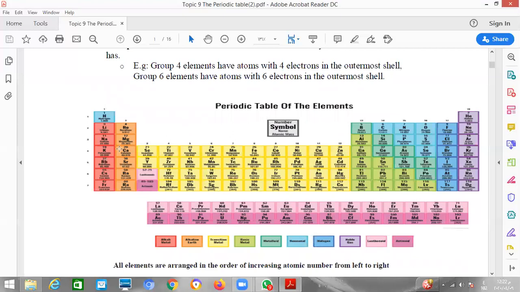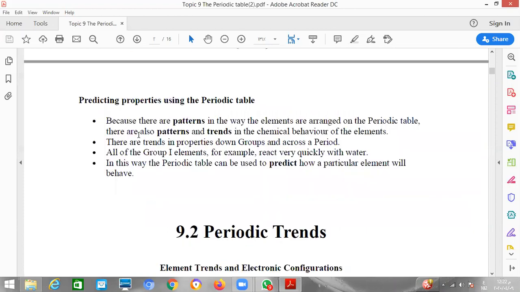As you move from left to right, the metallic character decreases. I start from metals, then metalloids, and finally non-metals. This is called a pattern.